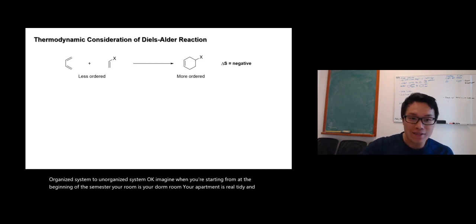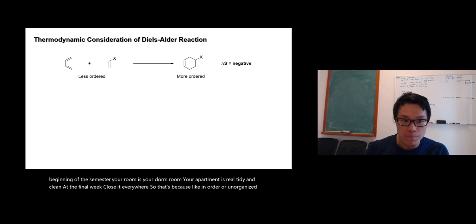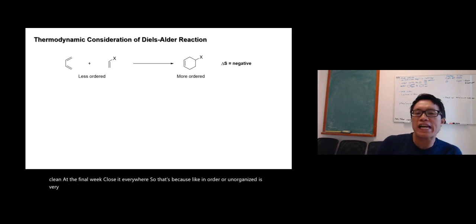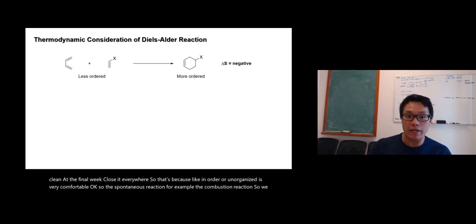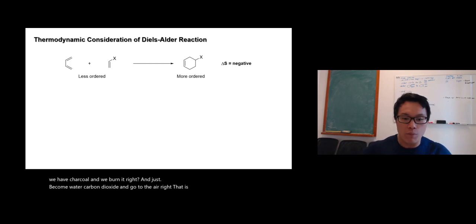At the final week, well, clothes everywhere. That's because disorder is very comfortable. So take a spontaneous reaction, for example, the combustion reaction. We have charcoal and we burn it, right? And it just becomes water and carbon dioxide and goes into the air. That is a spontaneous reaction, from one molecule to multiple molecules.